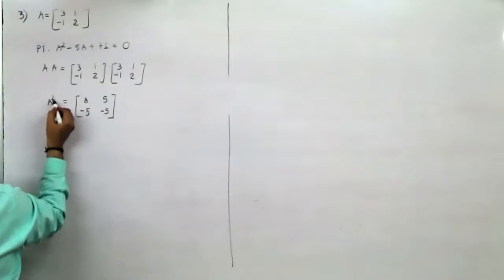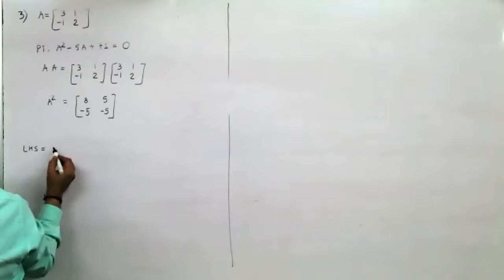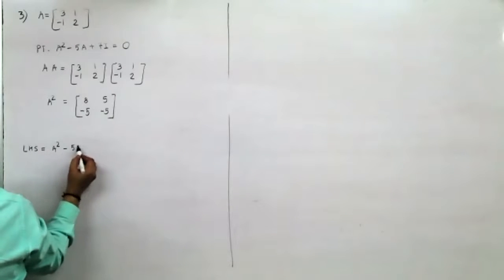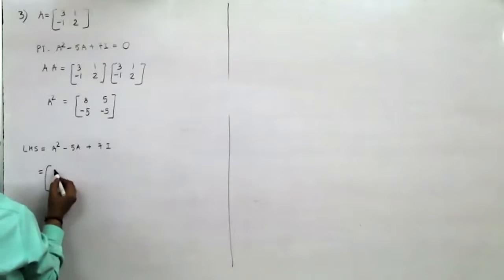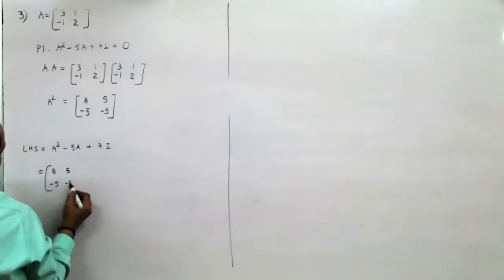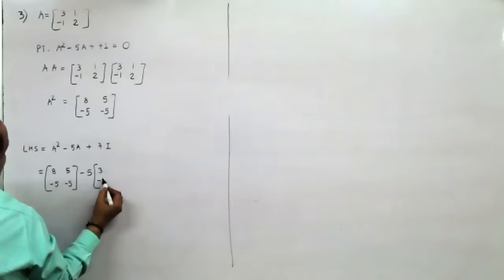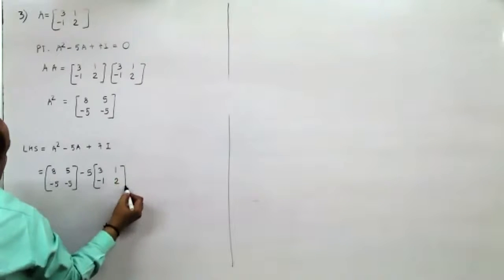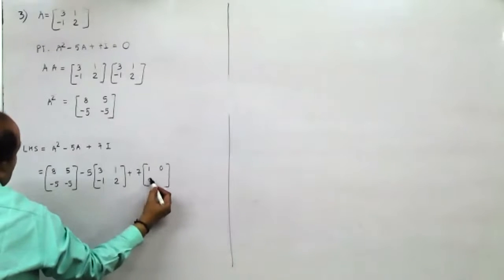That is A square. Then we have LHS equal to A square minus 5A plus 7I. What is A square? It is 8, 5, minus 5, minus 5, minus 5 times A, which is 3 minus 1, 1, 2, plus 7I, which is 1 0 0 1.